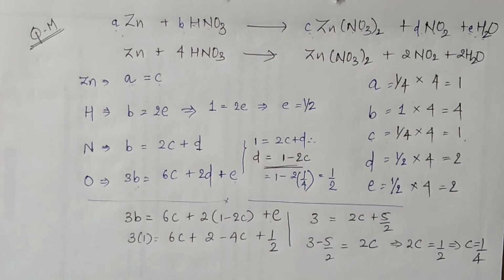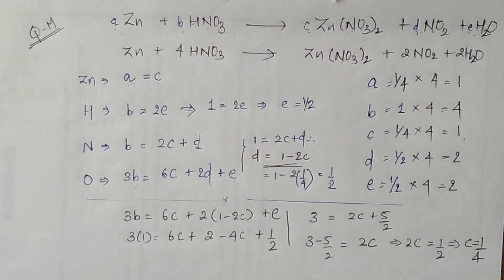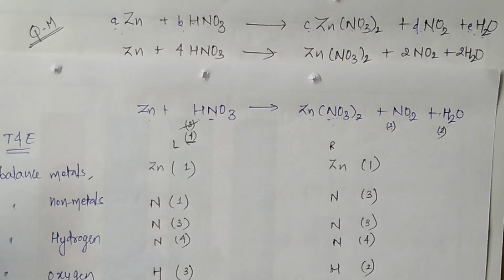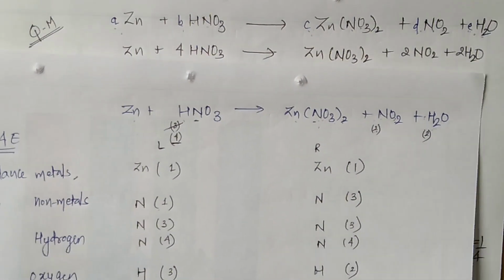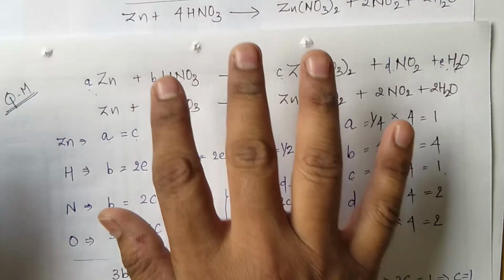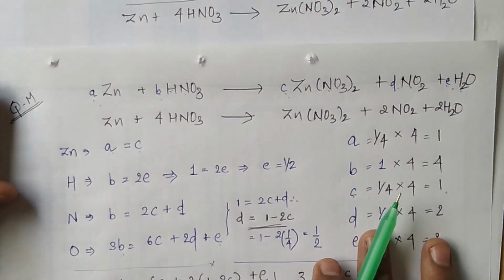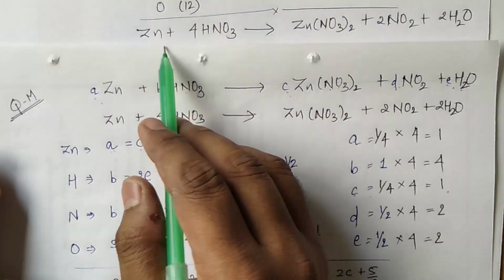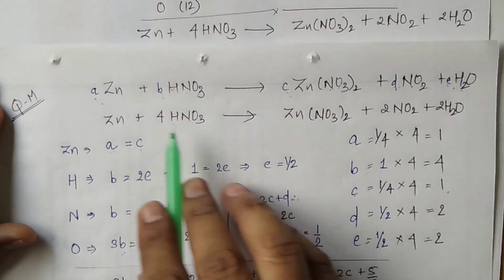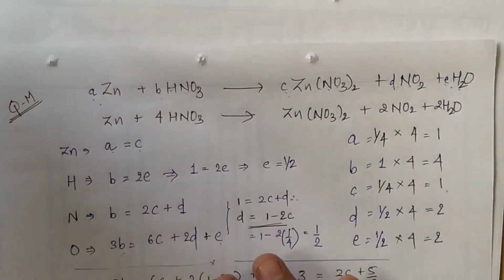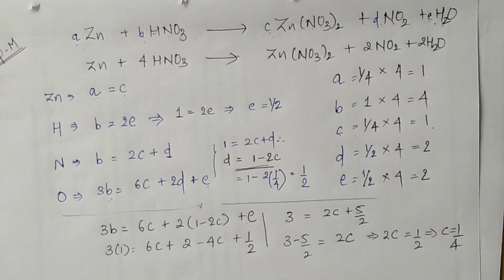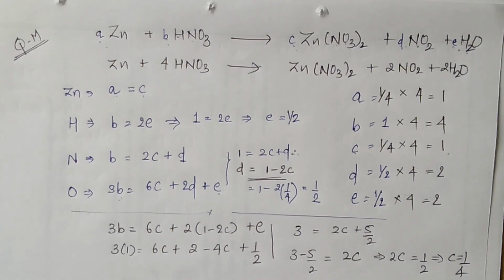Okay, now if you compare this equation, which I solved by hit and trial method, and the equation which I have solved by this algebraic equation method, both are giving the same results. So this method will be helpful to you when you are not able to solve by your common hit and trial method. Okay, this method will be very helpful to you.